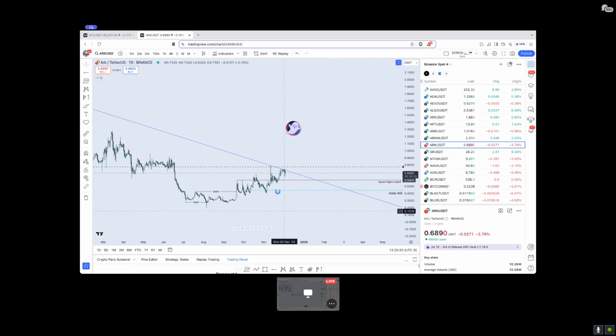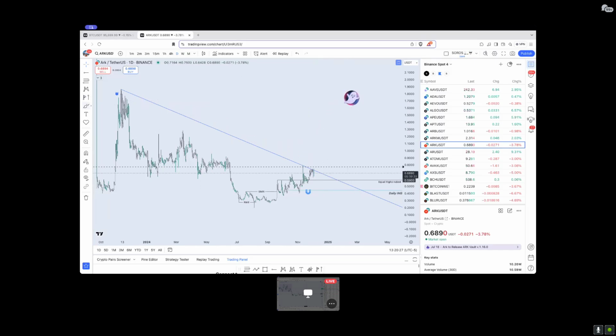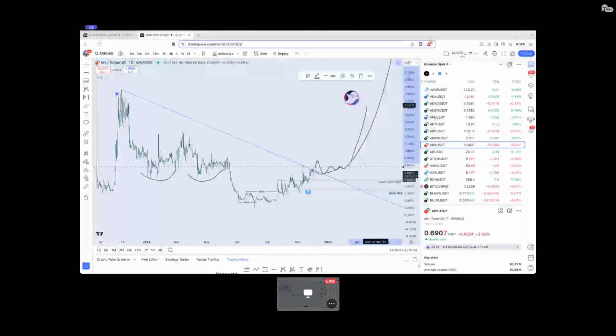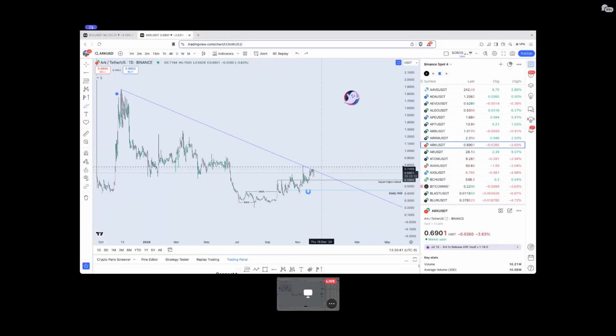So you want to see it do something like this. It's one of the cleanest setups. Break above supply, retest structure and hold, and you have your primo run up from there. So watch this coin. We're in from way down here, these lows. But this one's been annoyingly slow.